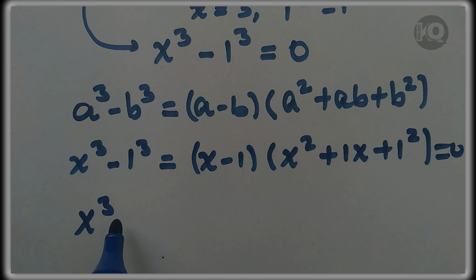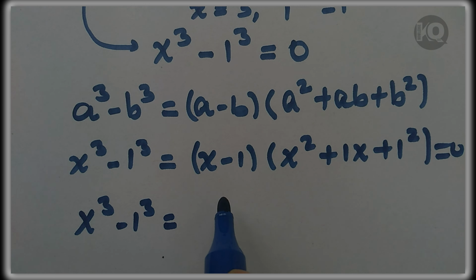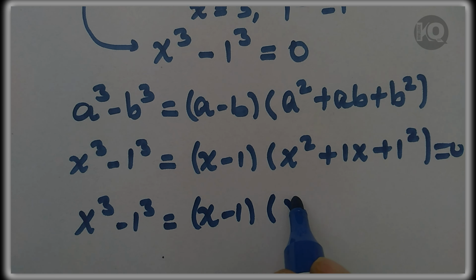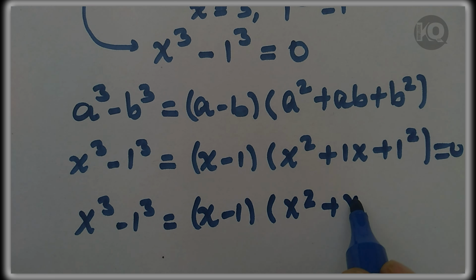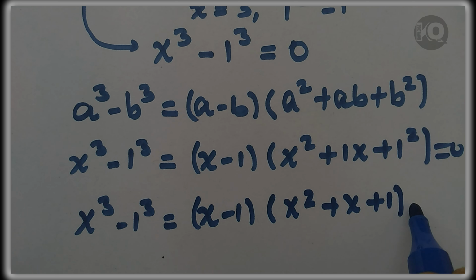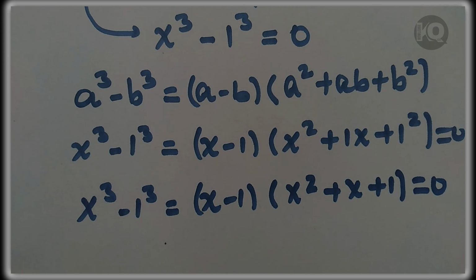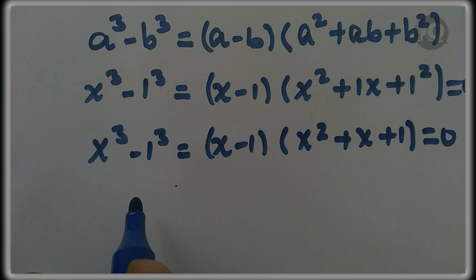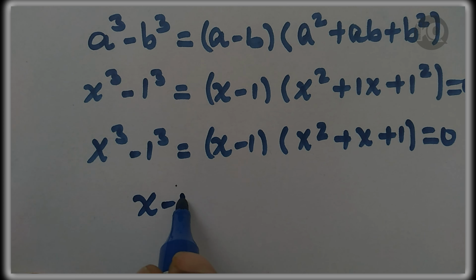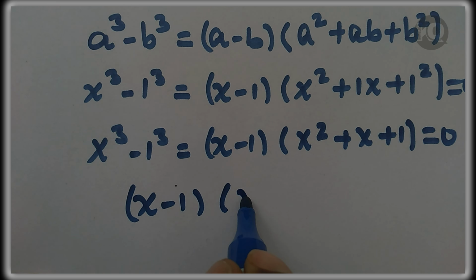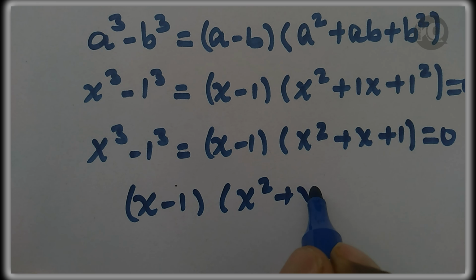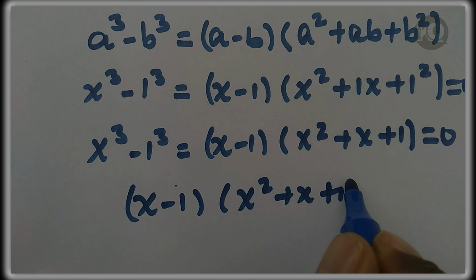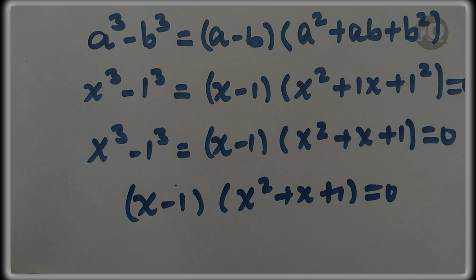So x cubed minus 1 cubed is equal to x minus 1 times x squared plus x plus 1, which is equal to 0. So here we have x minus 1 times x squared plus x plus 1 equals 0.